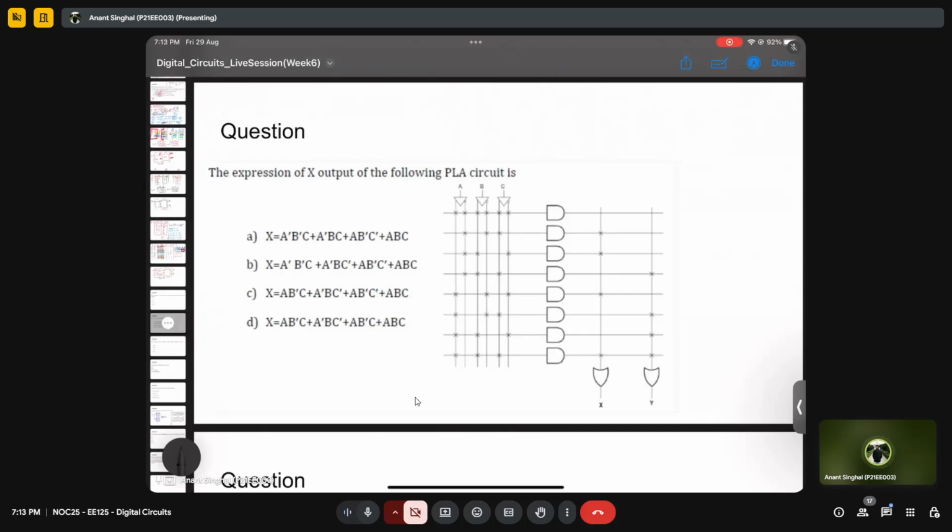Okay, so this is a PLA problem, which is programmable logic array. So this is actually pretty easy. Whatever the cross that you see is the actual connections. Let me make them, just making the dots.